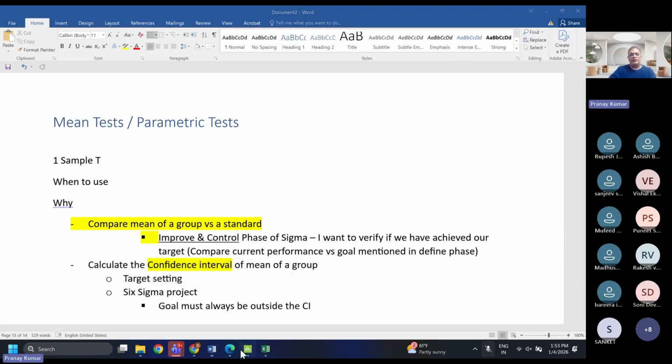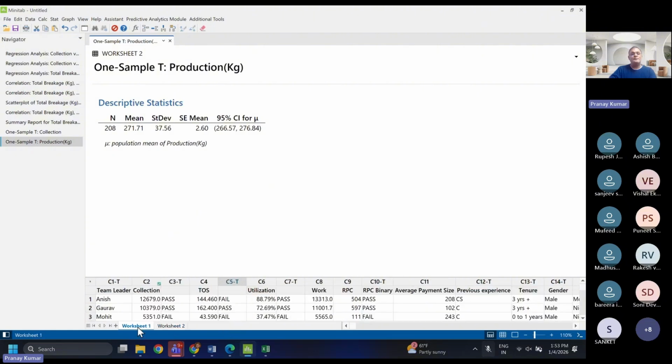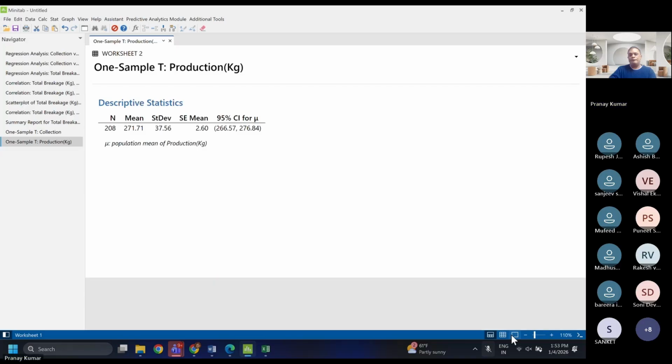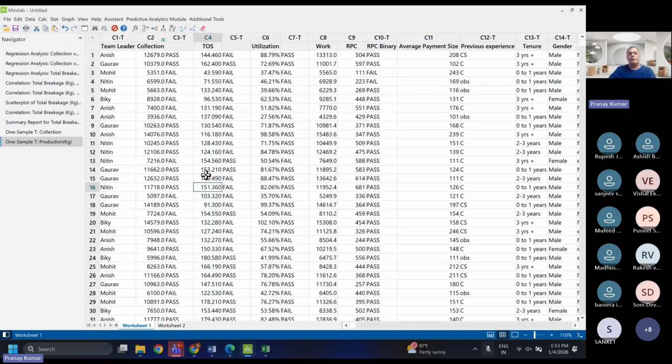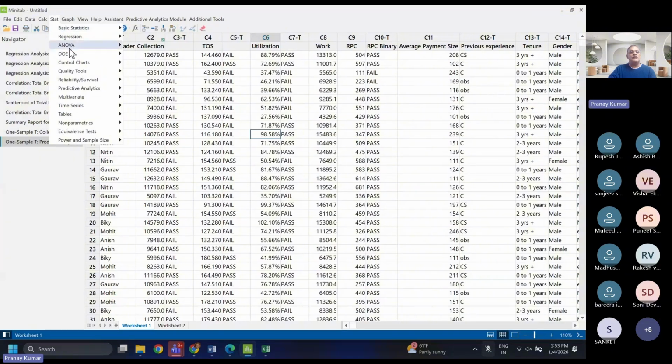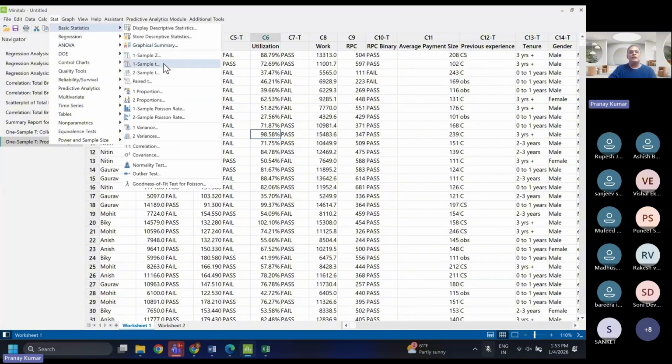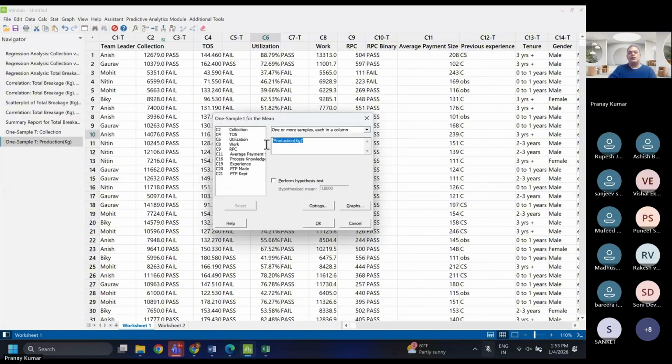एक एग्जांपल करते हैं, आपसे पूछता हूँ, आप मुझे बताना। मेरे पास टाइम ऑन सिस्टम का डेटा है। If you see here, I have data on time of system. This is number of hours spent in the office. I go to stats, I go to one sample, basic stats, I go to one sample T. I am choosing time on system.